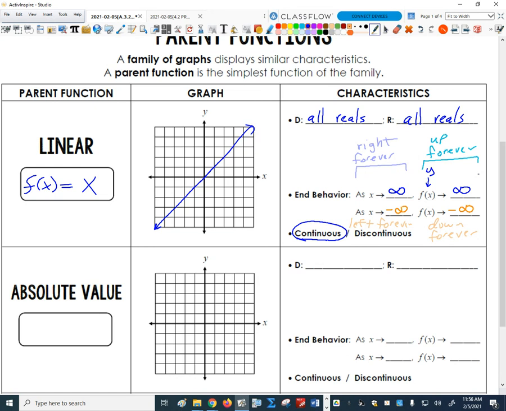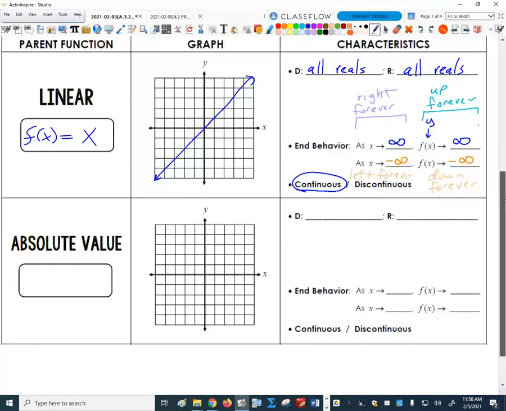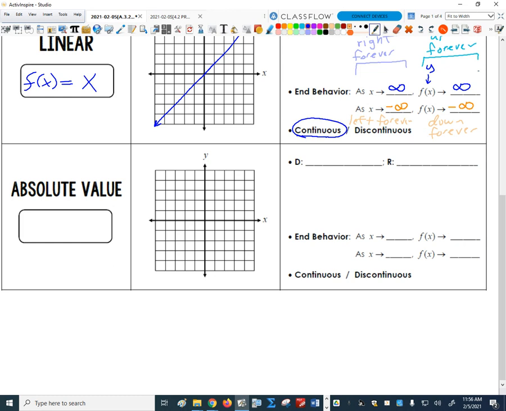That's all we need to know. That describes that function. Okay, now let's look at an absolute value function. So this is the function f of x equals the absolute value of x. First of all, let's graph this thing so you can see what the graph looks like. It has a vertex at 0, 0. If we go over 1, we're going to go up the absolute value of 1, which is 1.